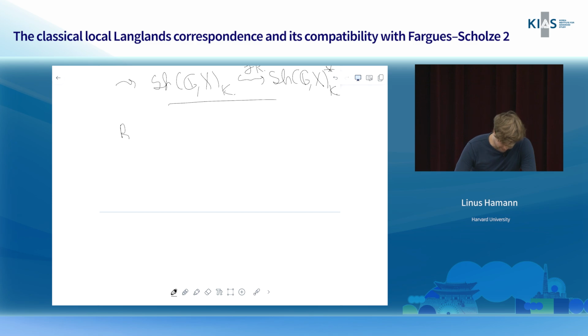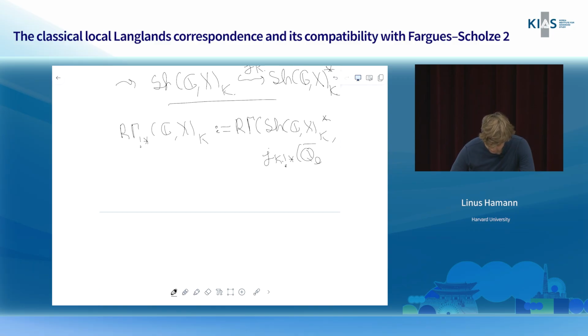In particular, we can consider some cohomology of this space up here, which I'll call R gamma shriek star, G X. And this will be given by taking the cohomology inside this minimal compactification of what will be an intermediate extension of this Q_l bar together with some Tate twist.